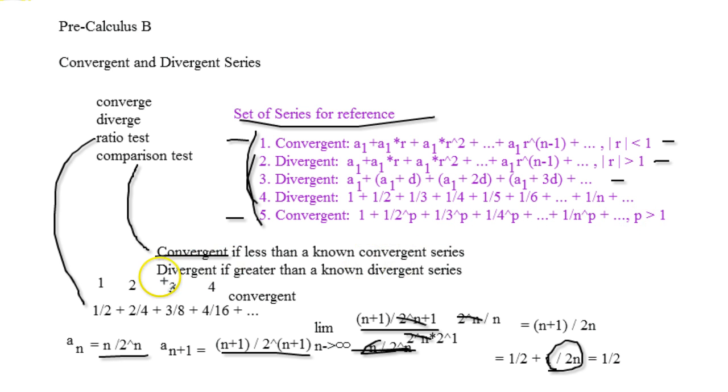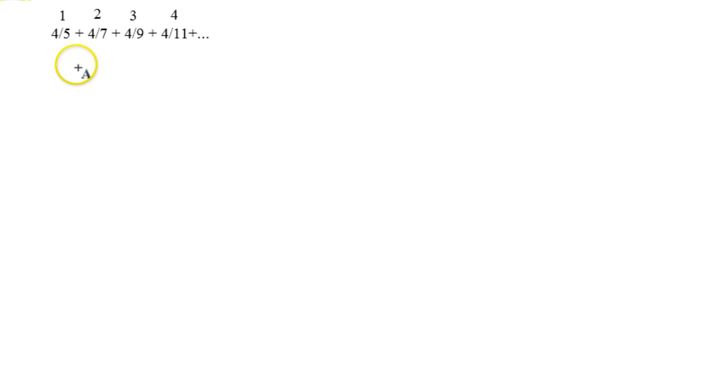Okay, so remember, once again, the comparison test is a little bit different, but it's actually a little bit more exact because all we have to do is test if it's less than or greater than a certain type. Now if I take a look at this actual series, I'm going to find out that the general formula is going to be 4 divided by (2n plus 3).